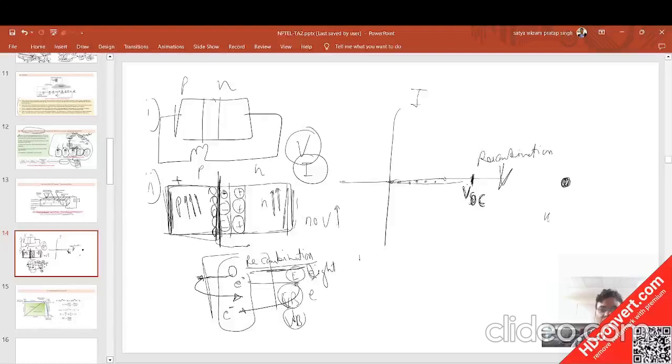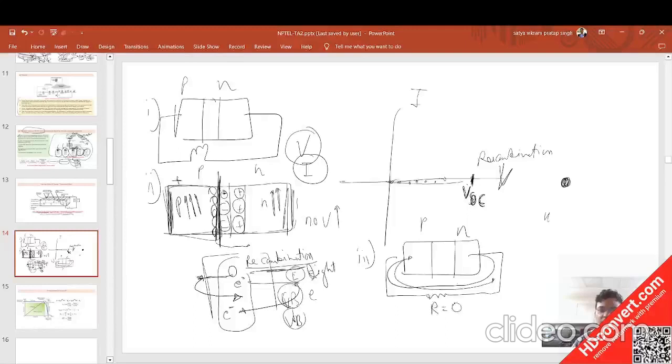So if we take the third case, the same p-n junction and connect a load, connection of load means that the electrons will keep on moving towards the P side. What happens if we connect a resistor of zero resistance? It means a short circuited condition.